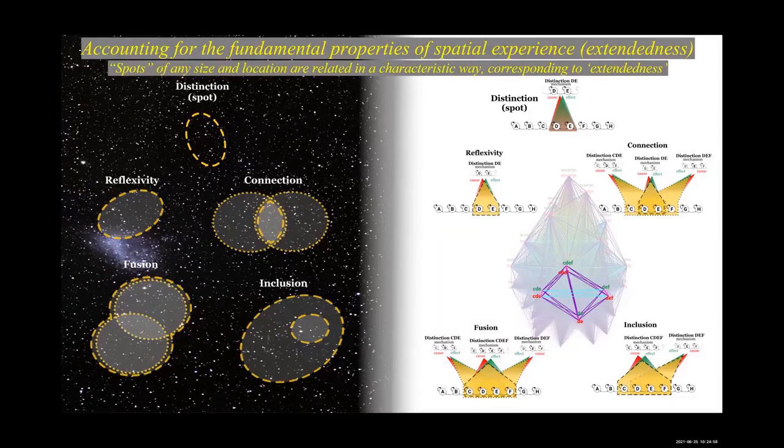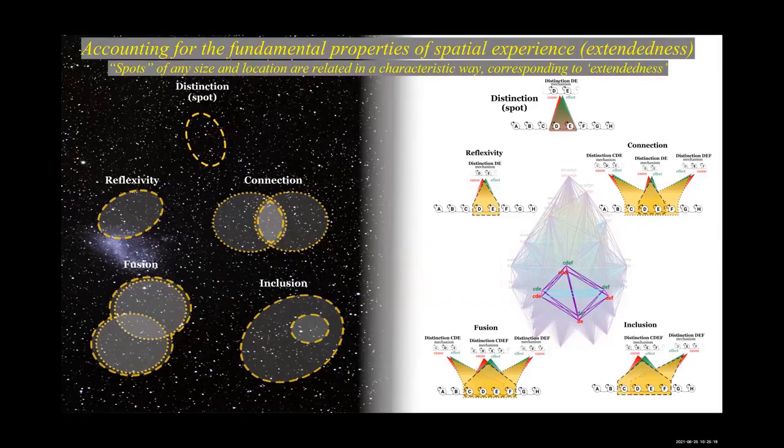And then 4 fundamental kinds of relations among spots. Reflexivity, every spot points to itself. Connection, every spot can have some other spot partially overlapping with it. That's a relation. Fusion, that two connected spots, well, you can always find some spot which is the fusion of the two.